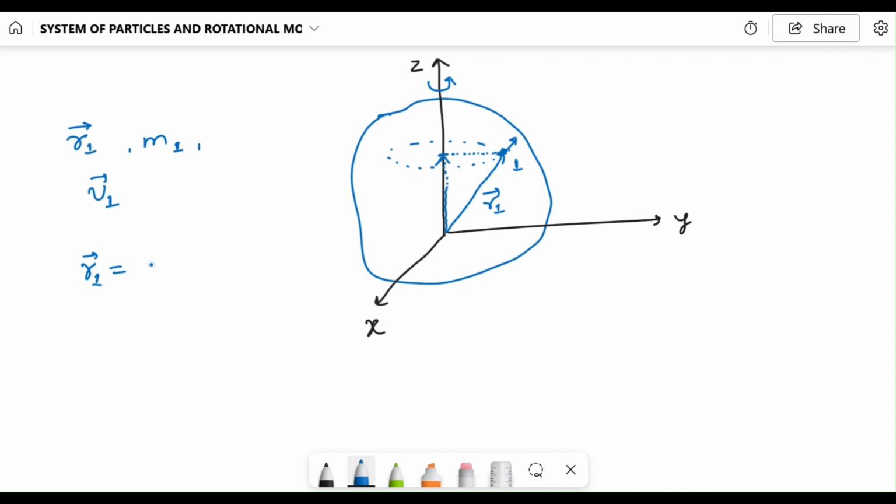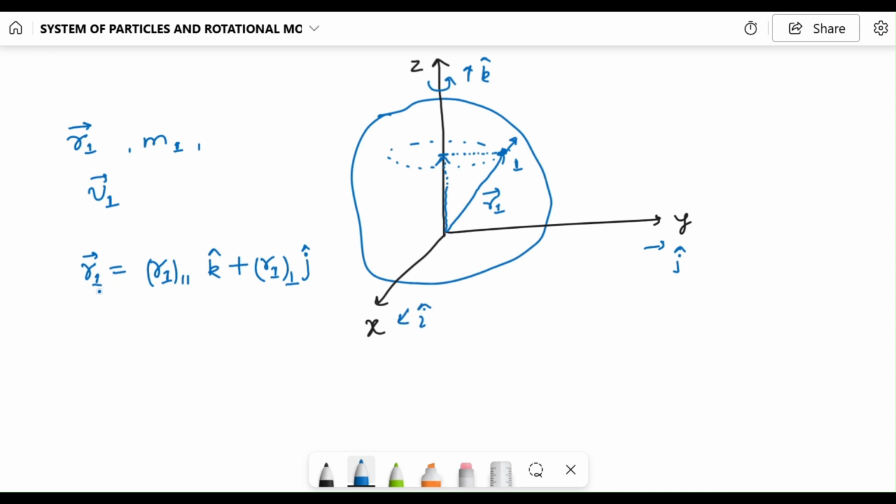So we can write R1 has two components. One is R1 parallel, and this is along k cap, and another is R1 perpendicular, and this is along j cap. So here we are taking the unit vector along the y axis as j cap, along the z axis as k cap, and along x as I cap. Okay, so we have the position vector.